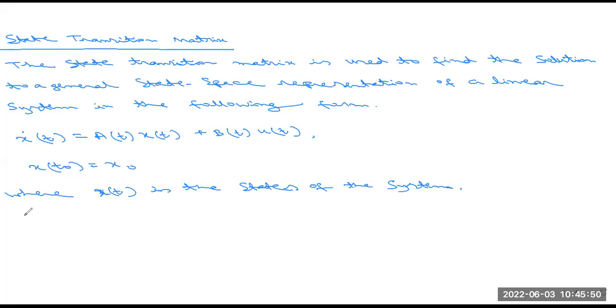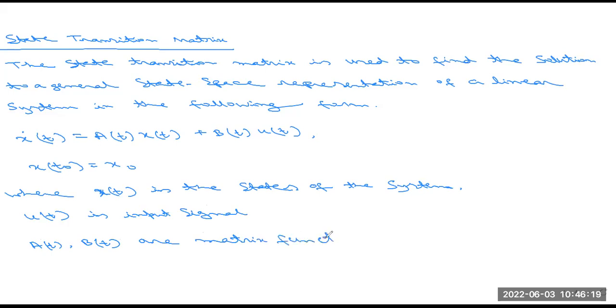And u of t is the input signal, and A of t and B of t are basically our matrix functions. Another term, x of 0, is the initial condition at t0, that is the starting time.